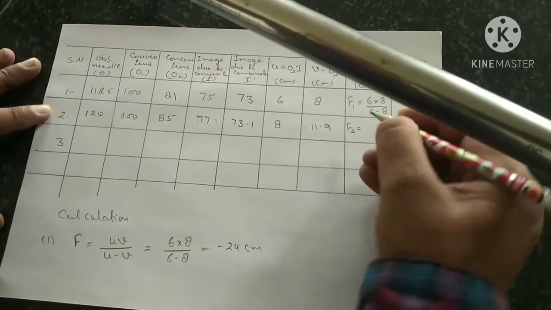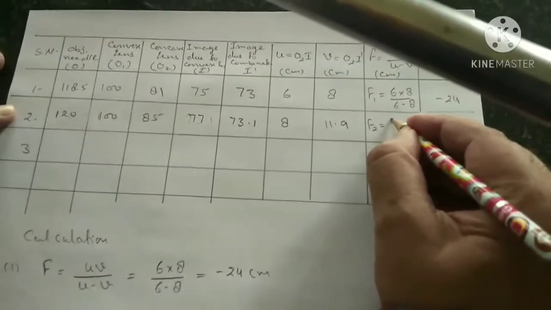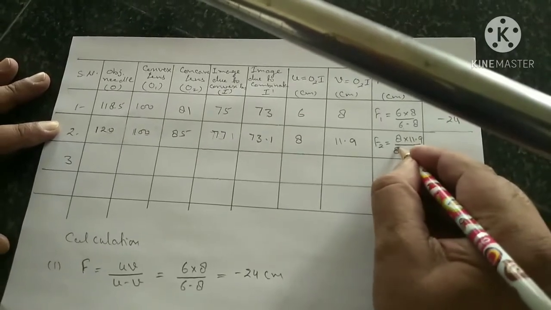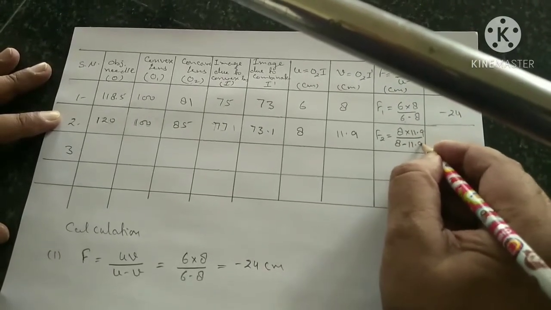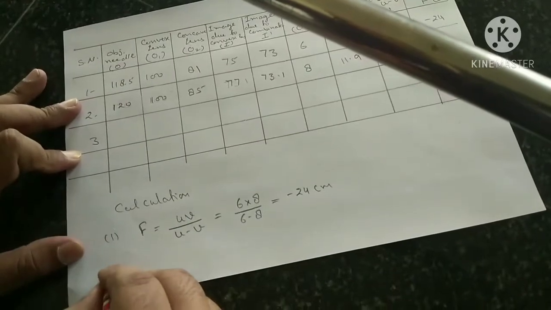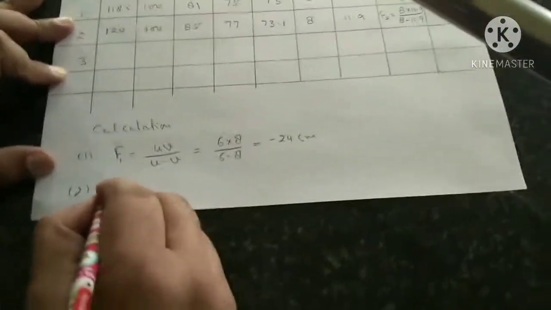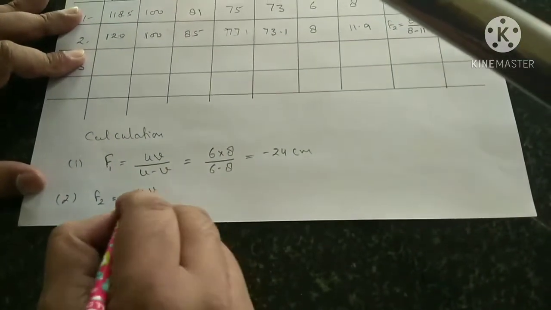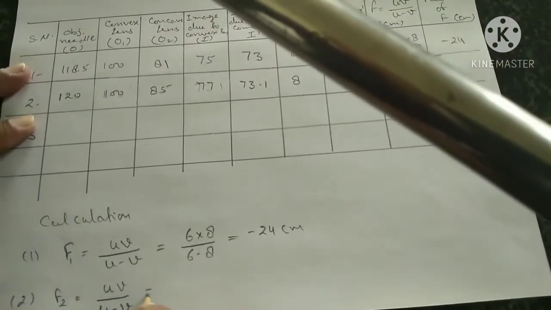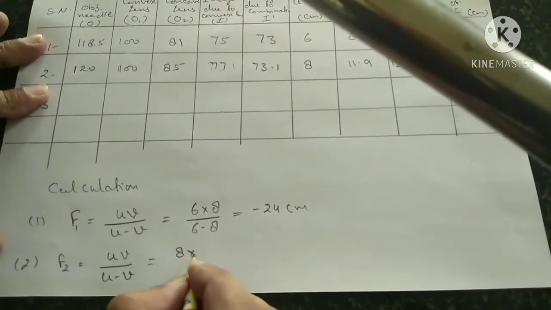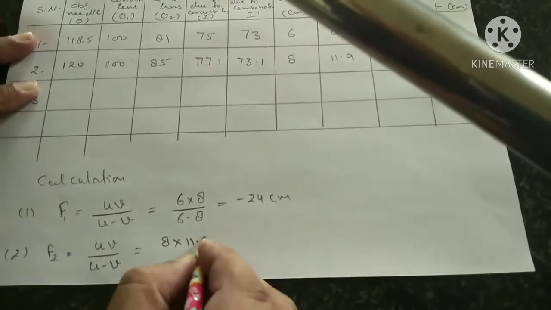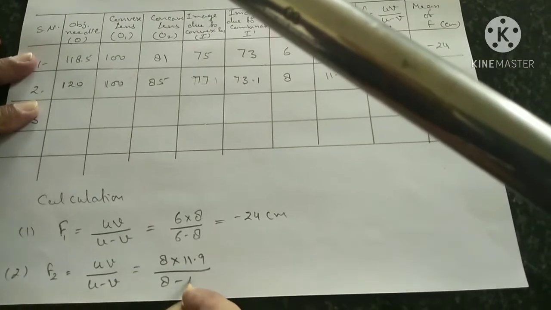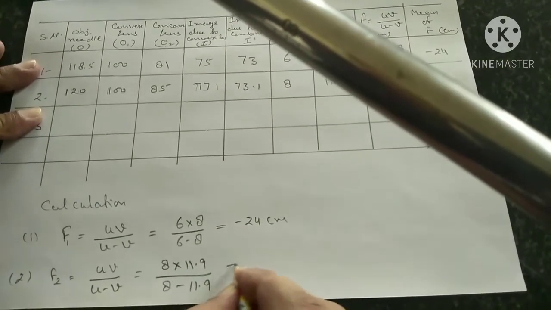Calculate the focal length for set 2, that is 8 into 11.9 divided by 8 minus 11.9.